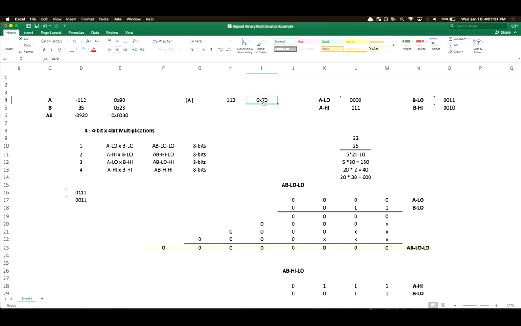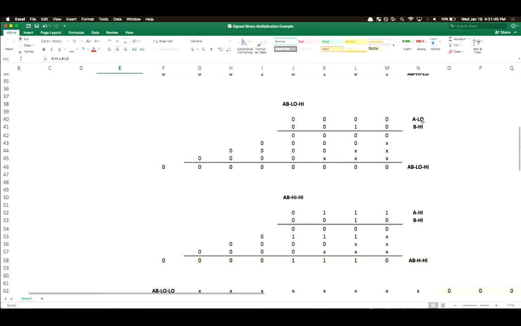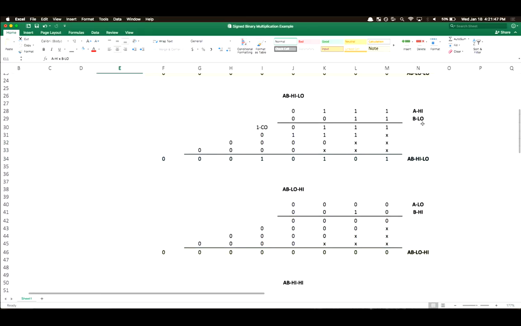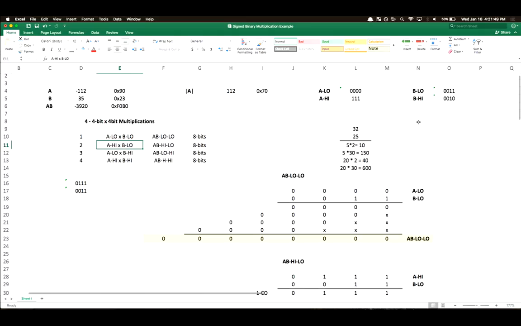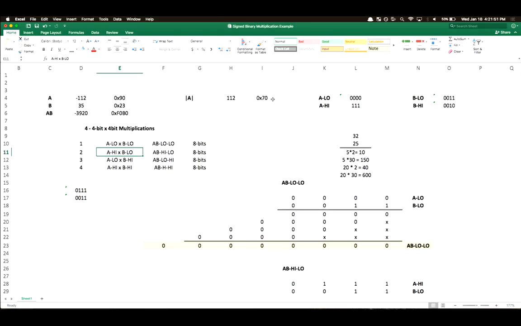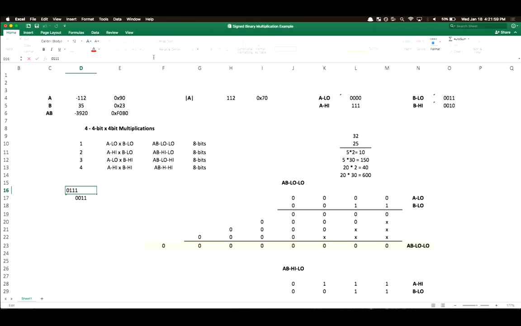Okay, yeah. So when you're doing A high times B low, you're not really doing 7 times 3. You're really doing 7 shifted over by 4 times 3. So that product is essentially going to be a 12-bit product, because 0x70 is just taking the higher-order part, which is 0, 1, 1, 1, and then appending essentially invisible zeros.